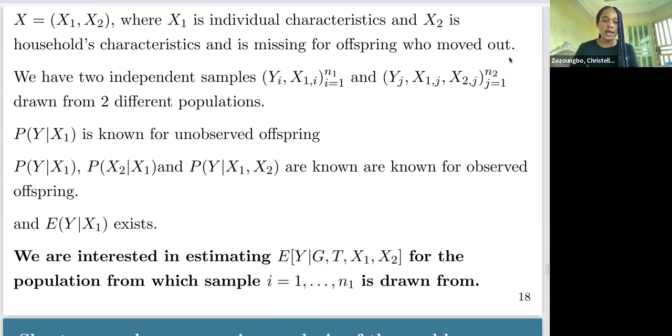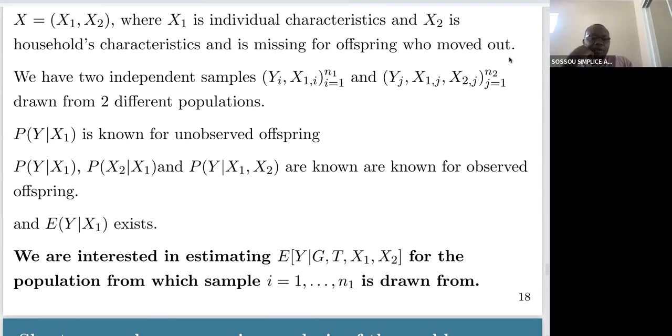That's not true. At aggregate level, they are more educated for women, but at individual level it is not the case. Some people moved out and are more educated, for example, than some other people who are living with their parents.